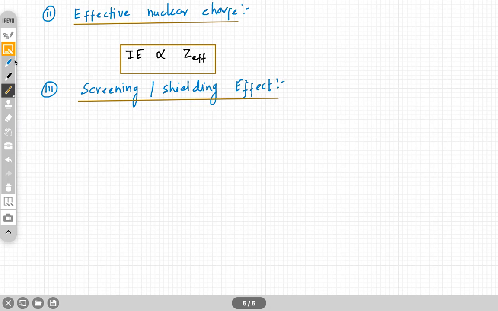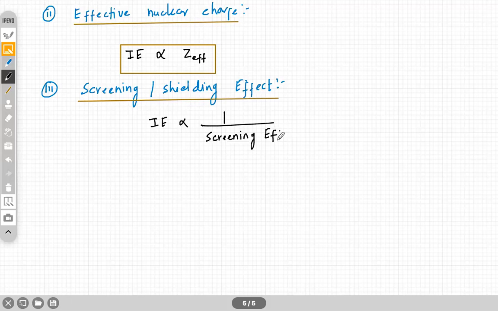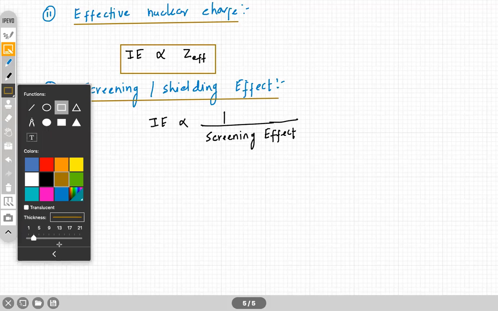Hence, what we can write, the ionization energy decreases as screening effect increases. So, inversely proportional to the screening effect. Okay, so this is the order we have here.